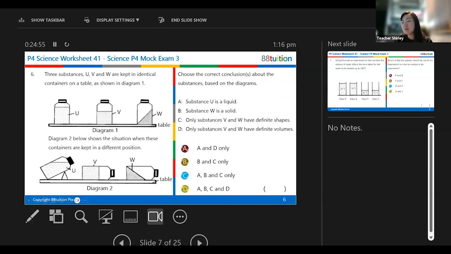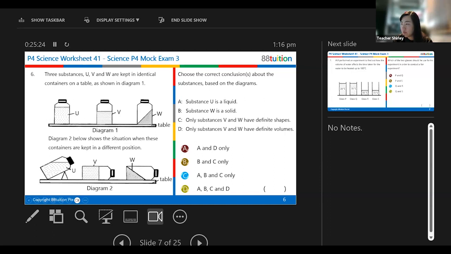I think this is pretty obvious. It's on matter, right? They're looking at whether or not it takes up the shape, whether or not it has definite shape. Okay, so 3 substances U, V, and W are kept in identical containers. Diagram 2 below shows the situation when these are kept at different positions.